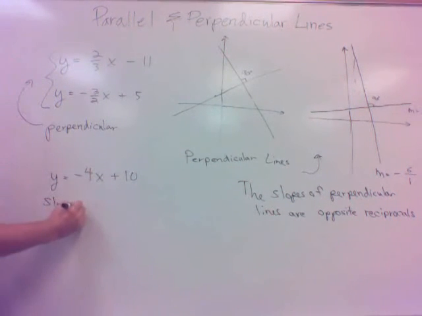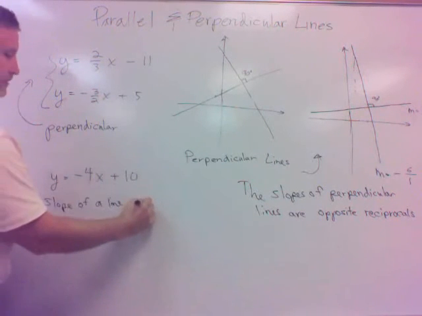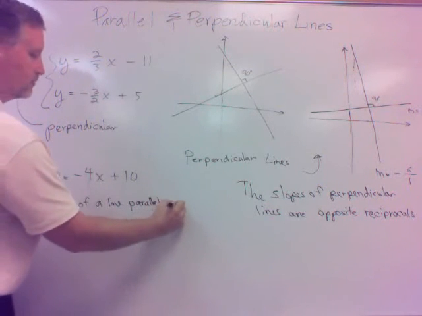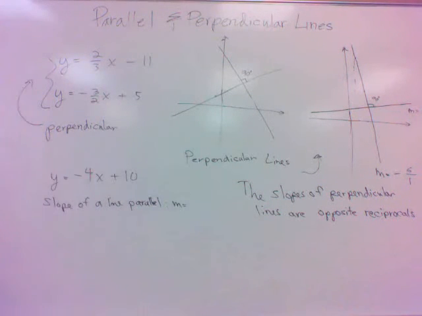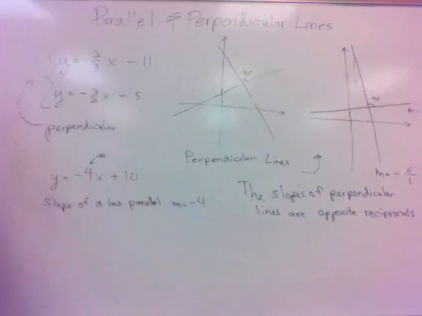What would be the slope of the line parallel to this particular line? Parallel, it'd be negative 4, okay? Exactly the same. This is the slope of this line, so a line parallel would have exactly the same, wouldn't it? Negative 4, okay?